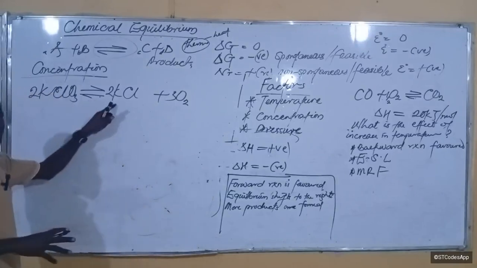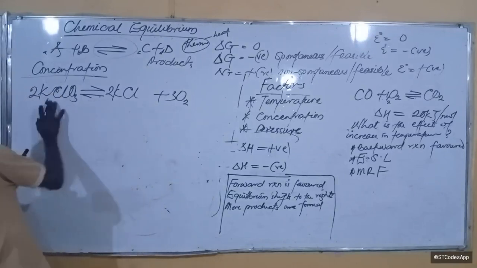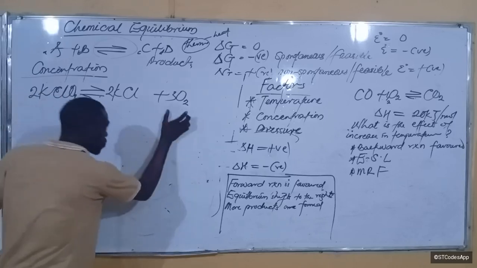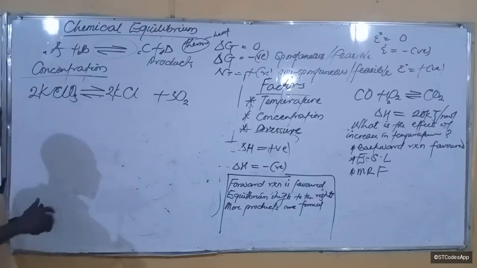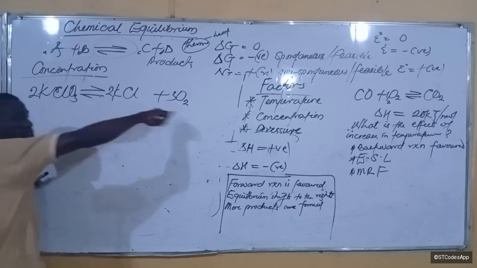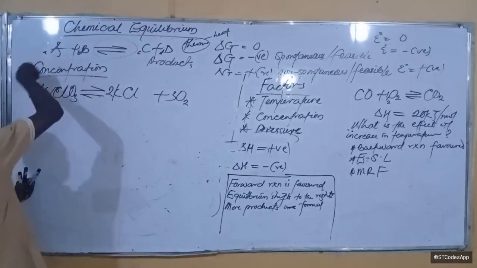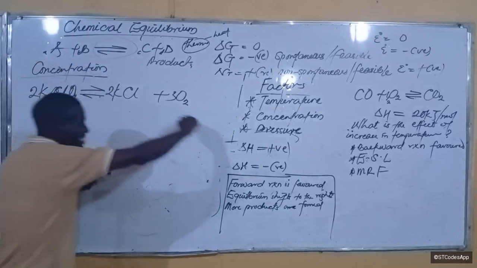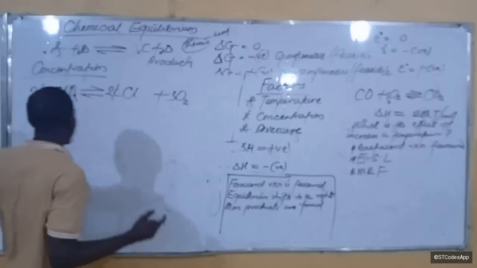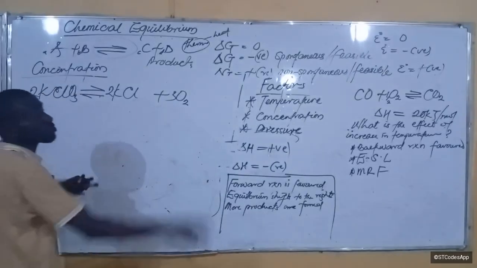So as it is, if I increase the concentration of this reactant, more and more of this product will be formed. Is it clear? The more of this reactant I add, the less of the product I have. So for that reason, more products will be formed.